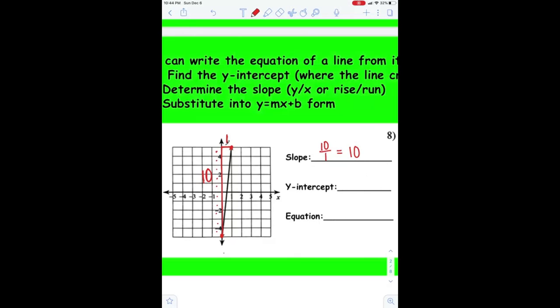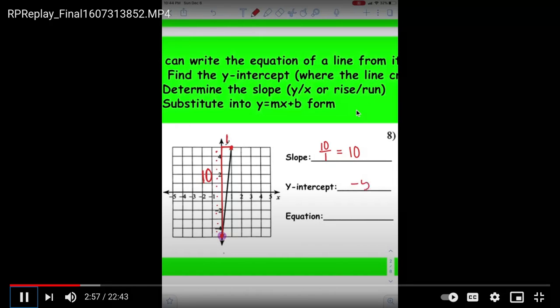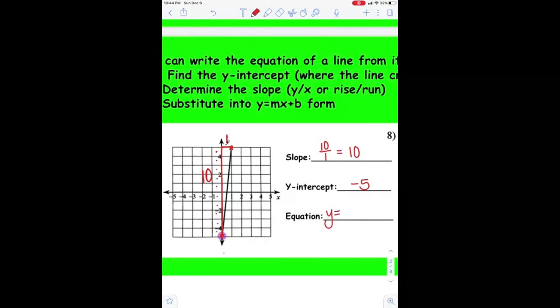And my y-intercept is right here, where my line crosses the y-axis, and that is 0, negative 5. So my y-intercept is negative 5.